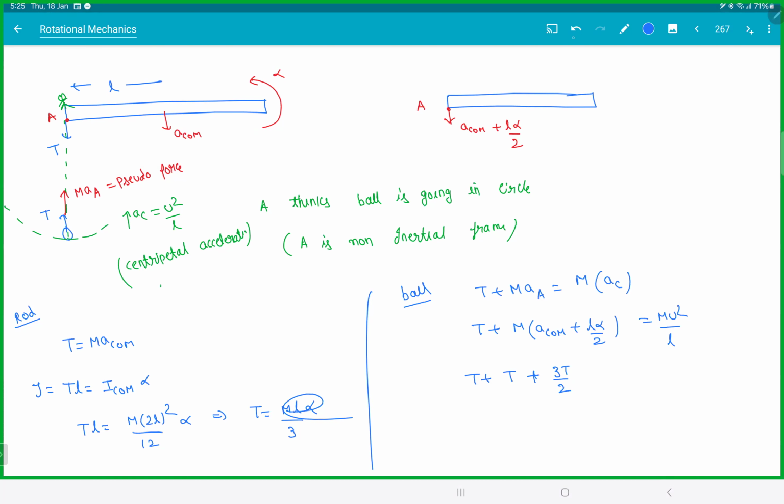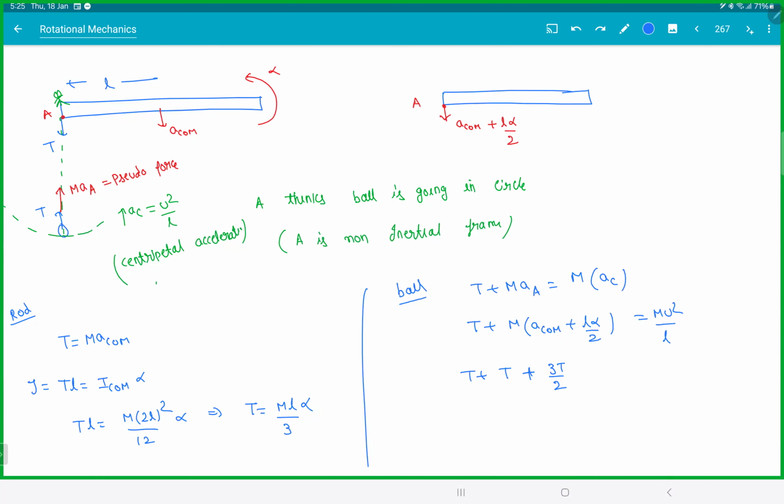That would be 3T, because this length is L. Perfect. So that is 3T is equal to mu square by L. We get T is equal to mu square by 5L. Clear?